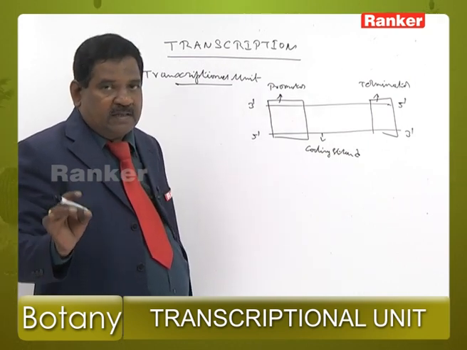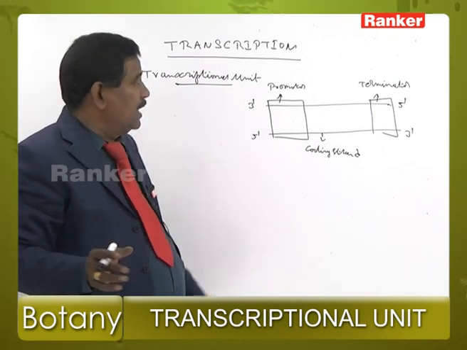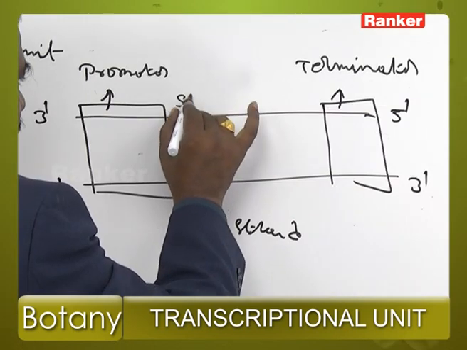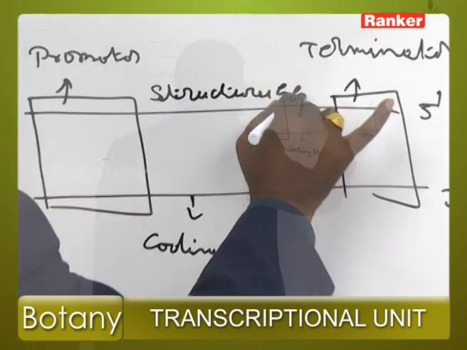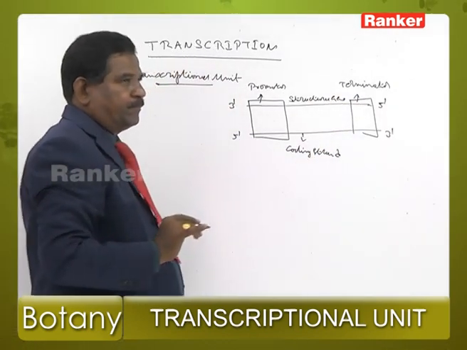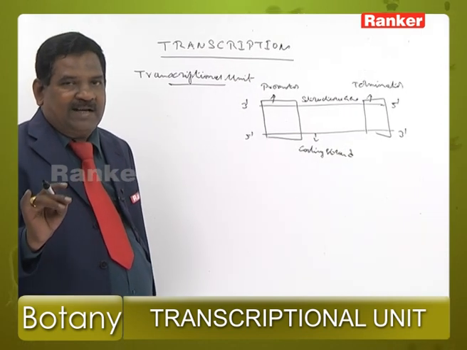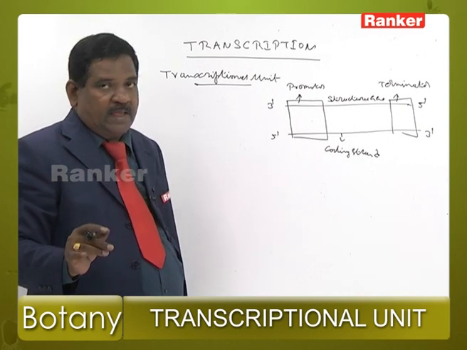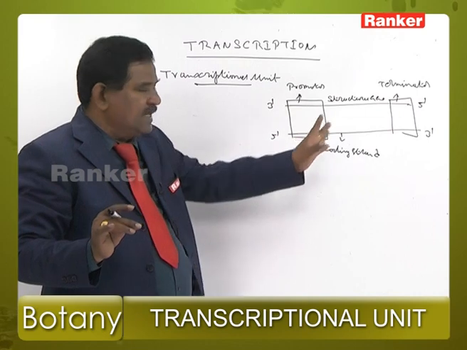The 5' end and the 3' end are taken with the coding strand as reference. And in between the promoter and the terminator is the structural gene. So, the structural gene is present in between promoter and terminator.